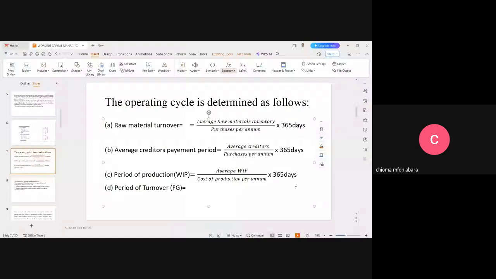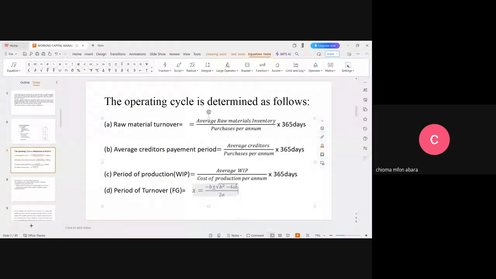Average finished goods over cost of sales times 365 days. Okay. It will be average finished goods divided by what?